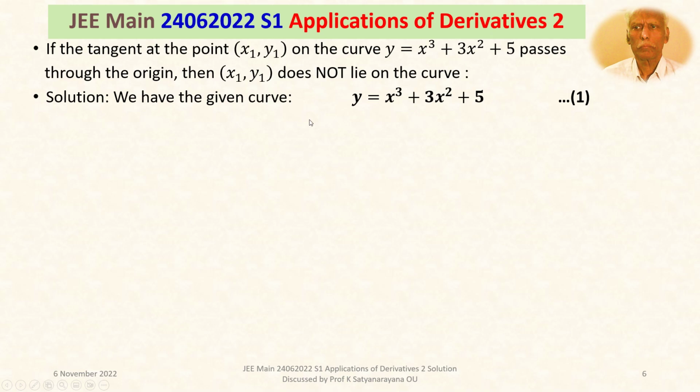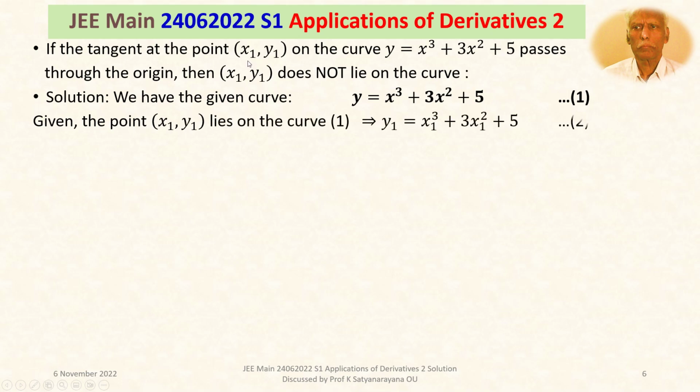We have this given curve, y is equal to x cube plus 3x square plus 5. Call it equation 1. Given the point x1, y1 lies on this curve 1, it satisfies that equation. Therefore, substitute x1, y1 in equation 1. We get y1 is equal to x1 cube plus 3x1 square plus 5.